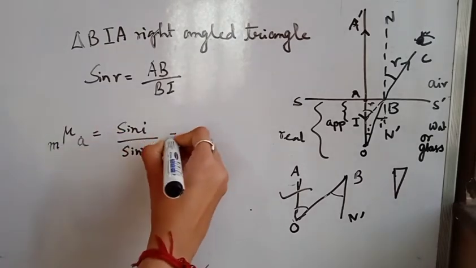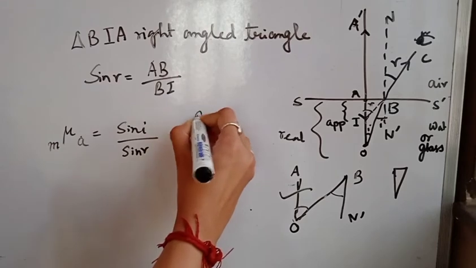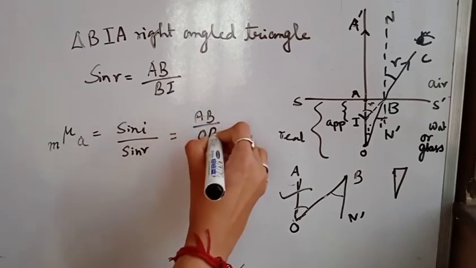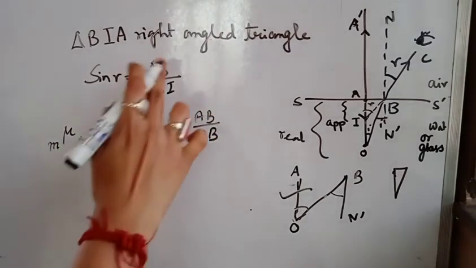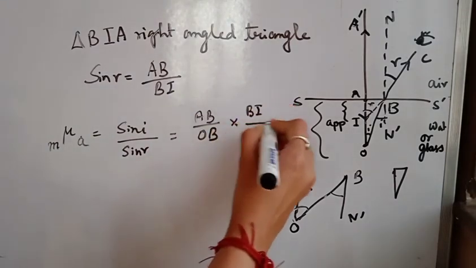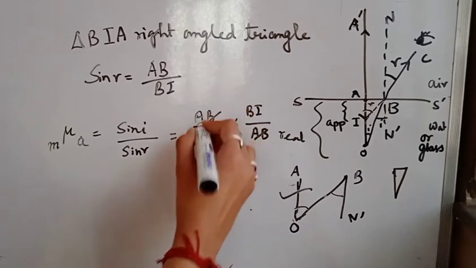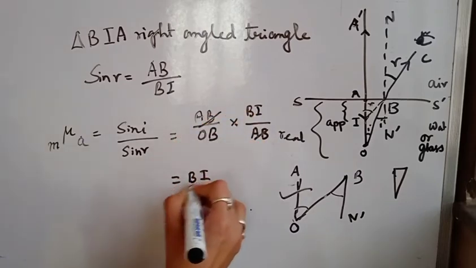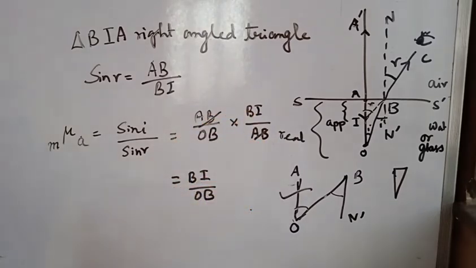Now sine i was equal to AB by OB, and sine r is equal to AB by BI, so we can write it as BI by AB, right? So this will get cancelled out, and we get BI by OB, right?